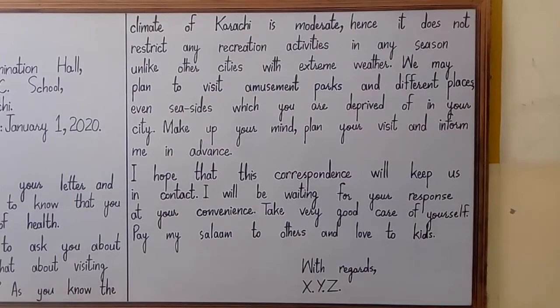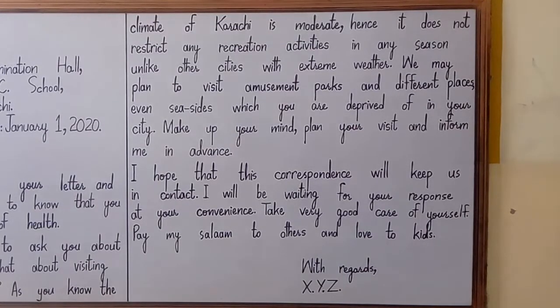Here, I would like to explain you the meaning of weather and climate. Climate means the permanent weather conditions of an area or a city. The permanent weather conditions of an area or a city is called climate.